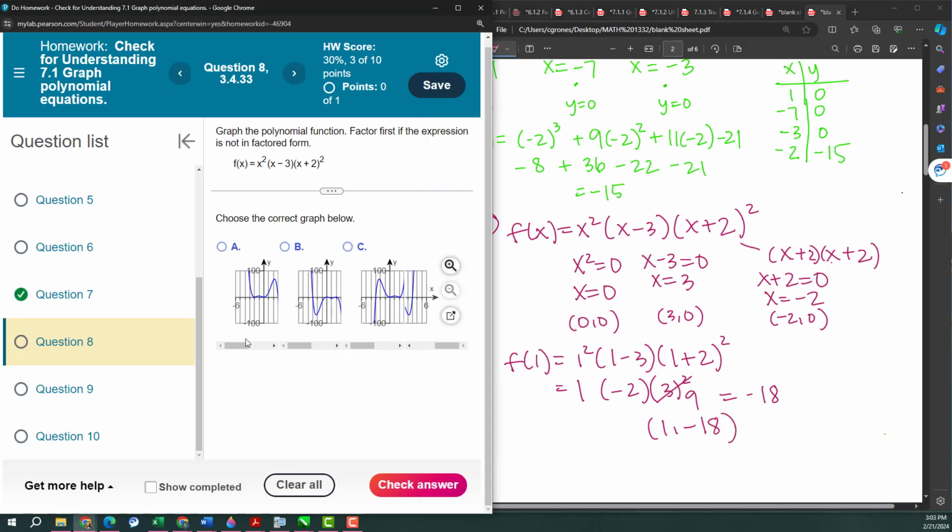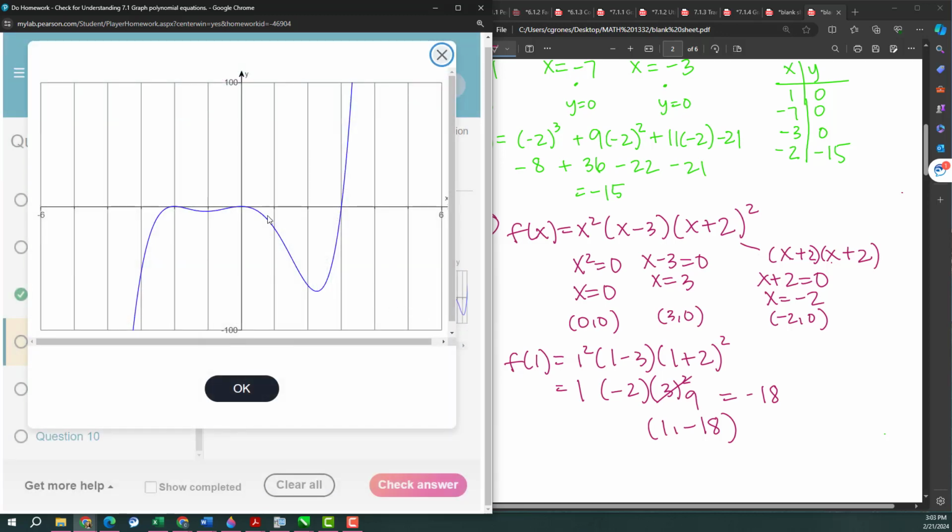So I think that D is the one that is going down over here. So for x is 1, y is negative 18. And that looks about right because this y is negative 100.